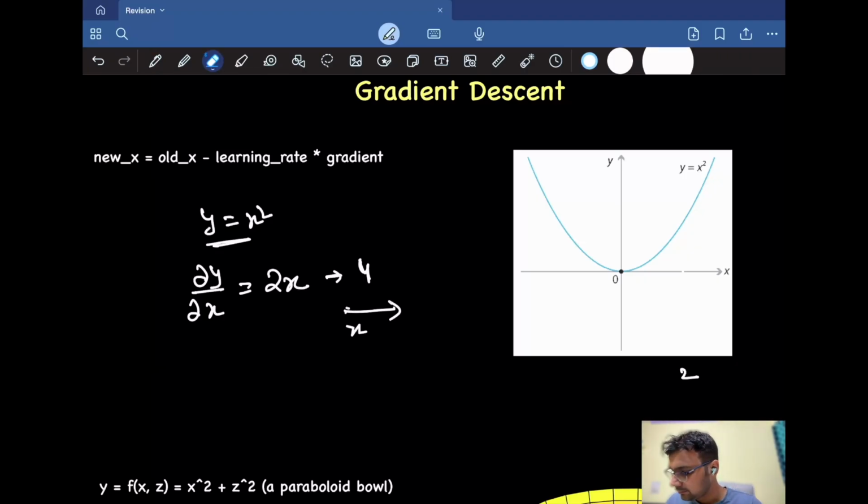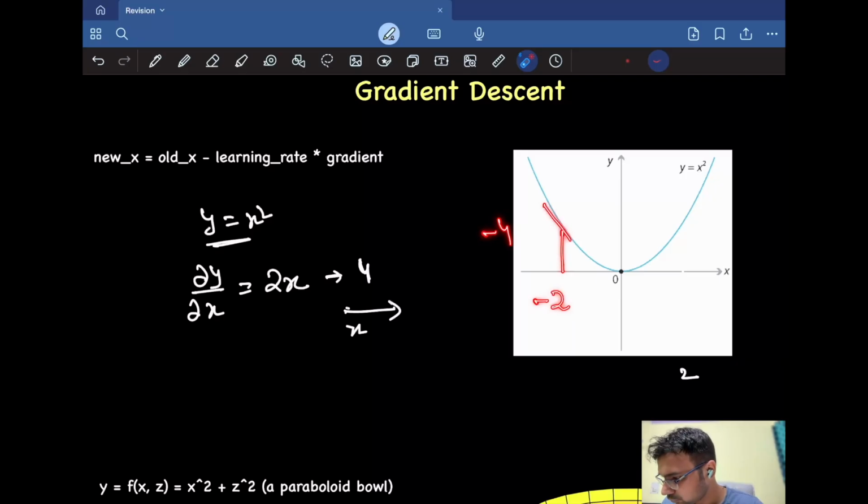So this tells us that if x is increasing, then y is also going to increase. So here the slope is positive. When x is increasing, y is going to increase. If we are standing over here at -2, then this value will be -4.